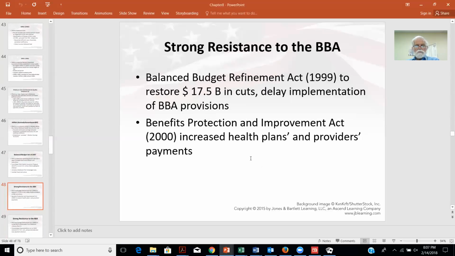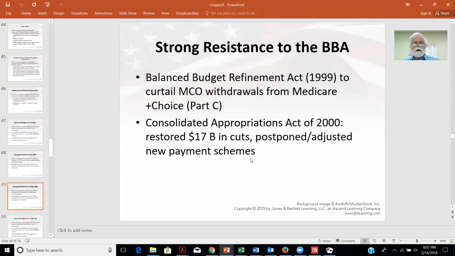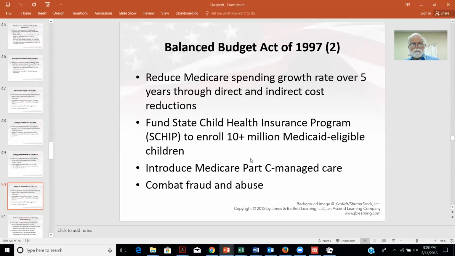There was an attempt in 1999 to restore some of those cuts. However, there was a tremendous pushback on that. It finally did happen eventually, but we've also been seeing lately further cuts.